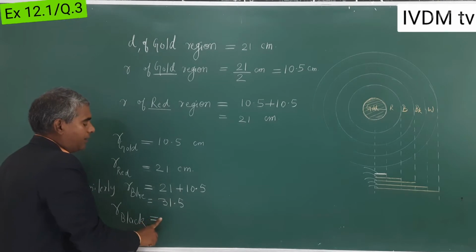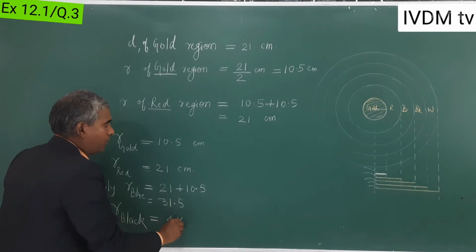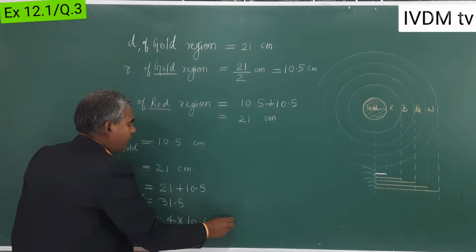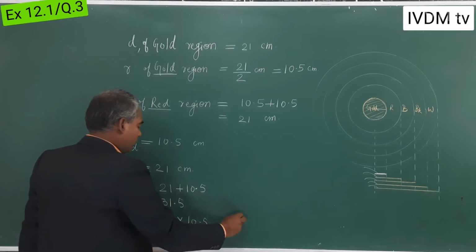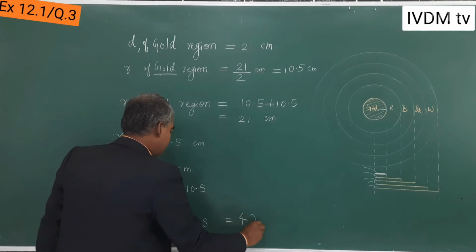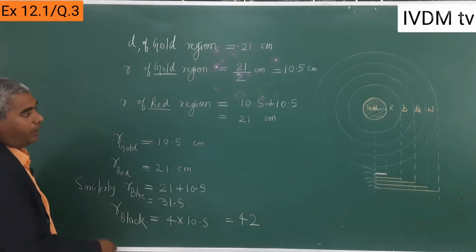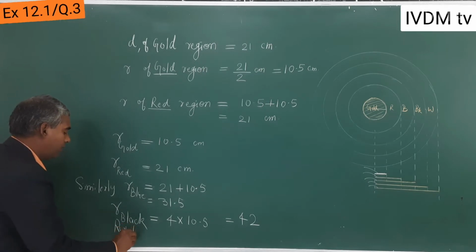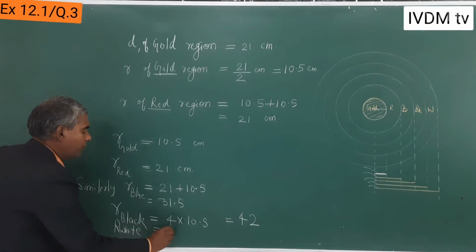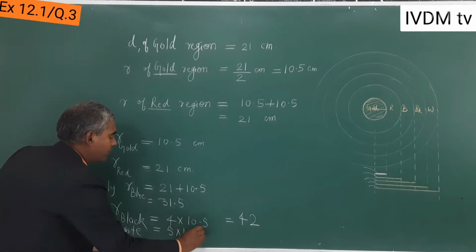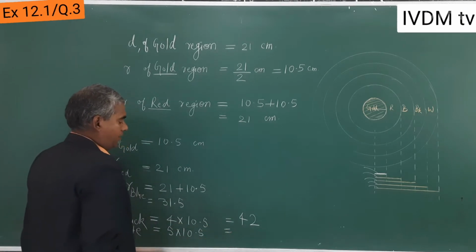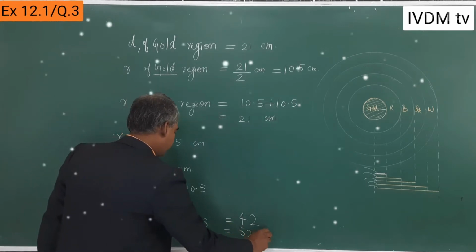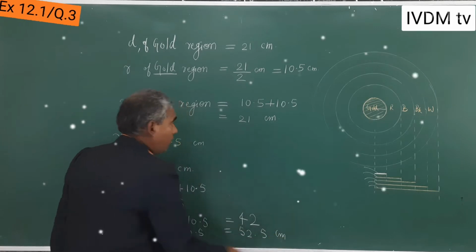So R black is equal to 4 times 10.5, means 42, and R white is equal to 5 times 10.5, means 52.5. So all the radius we have found.